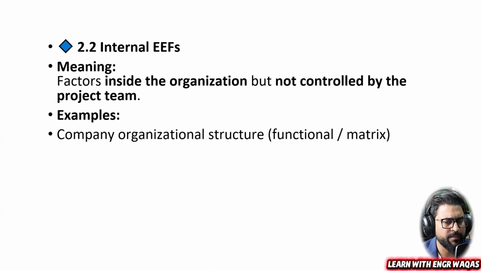In my upcoming slides, I'm going to talk about functional and matrix structures as well, so you will be more clear about all of these things. These are very important, that is, how we are going to carry out that project, how our team is structured, our accountability, our influence, our authority.